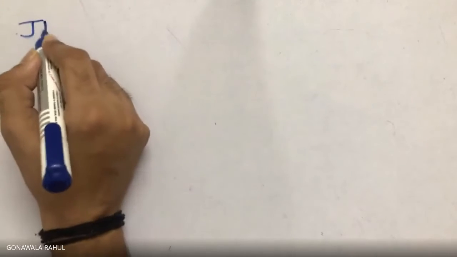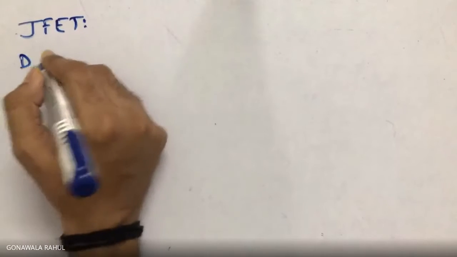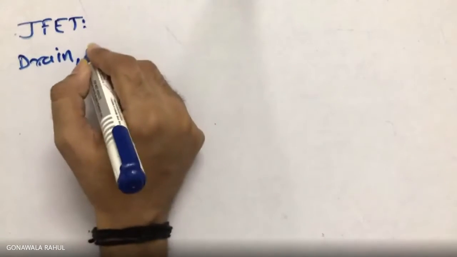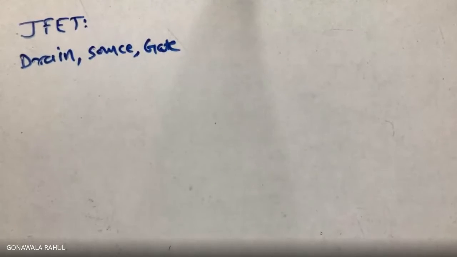So JFET is a junction field effect transistor. Okay, so basically it is again just like BJT, a three terminal device, and the three terminals are drain, source and gate.